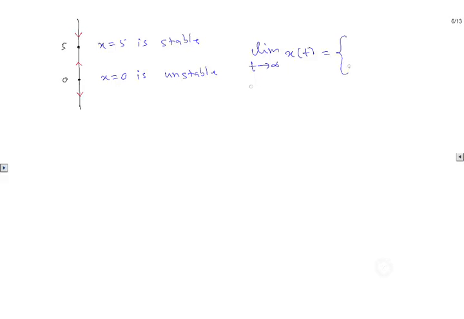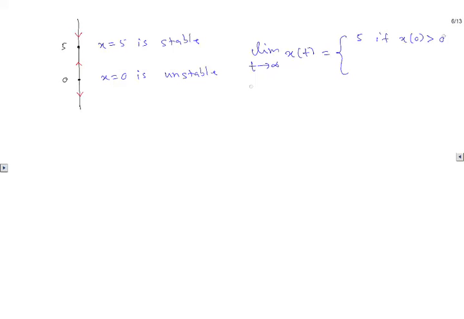What's going to happen in the long run? If you start with the value more than 0, it's going to go to 5. So it's going to go to 5 if your starting value, that means x0, is more than 0.